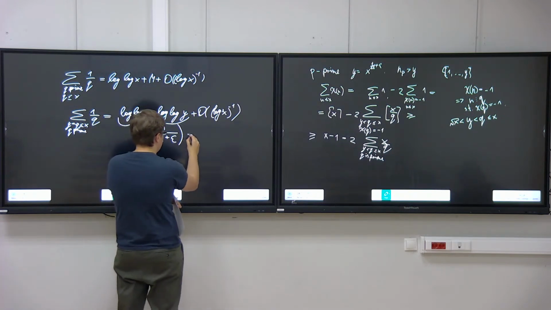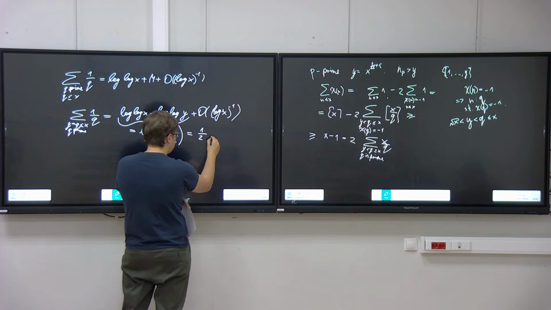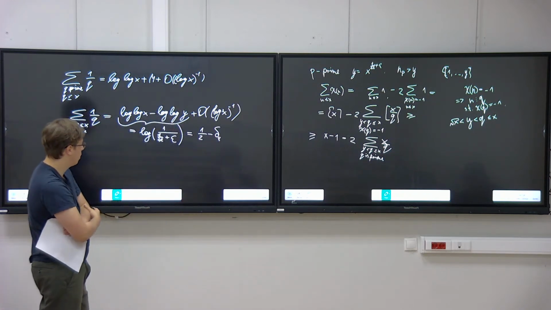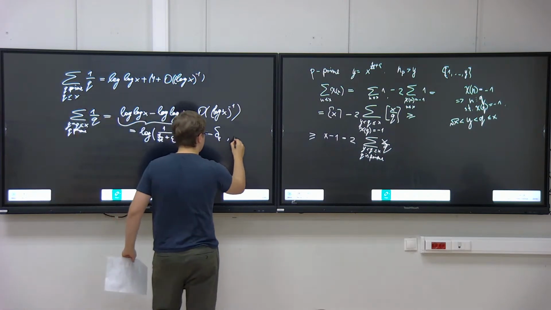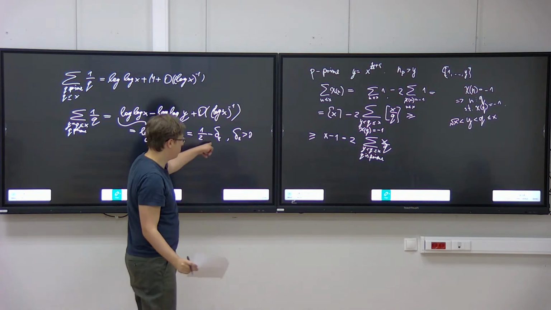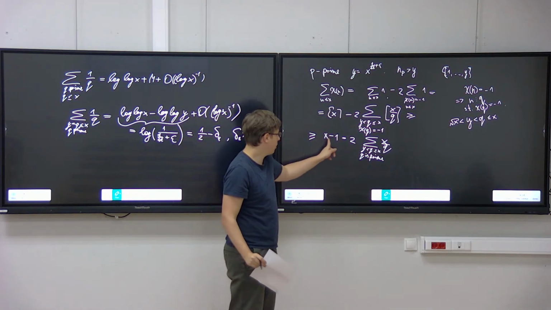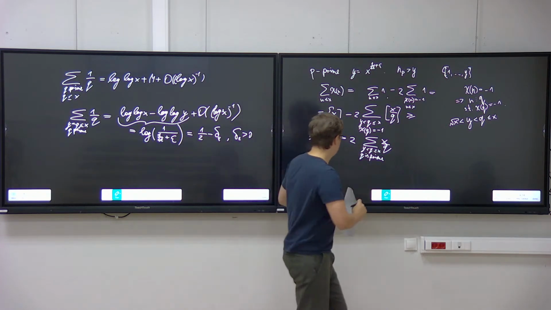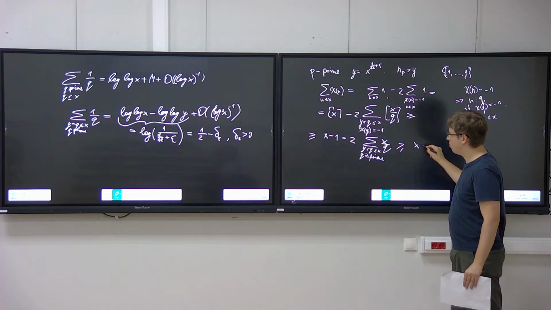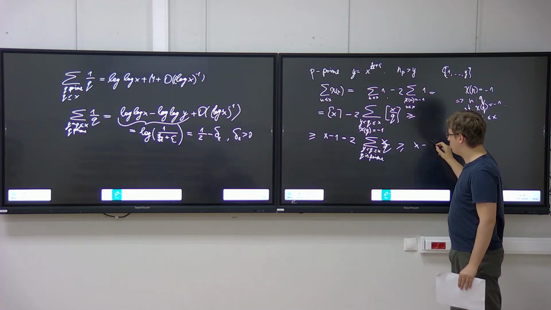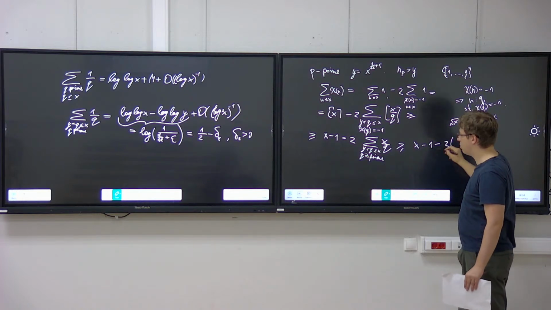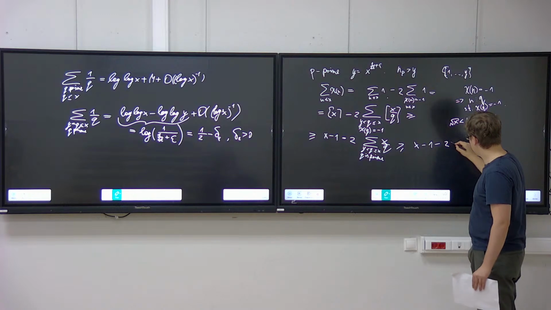It is 1/2 minus delta, which depends on epsilon. Yes. And delta is positive. And this is 1/2 precisely x minus 2, 1/2. So this is bigger than x minus 1 minus 2 of what? 2x, yes?